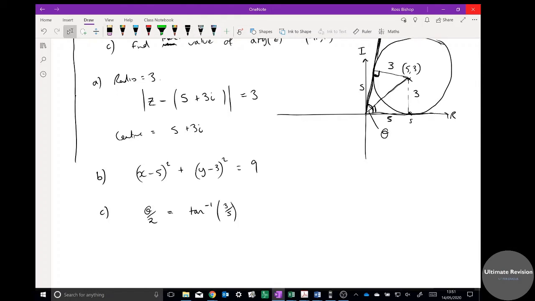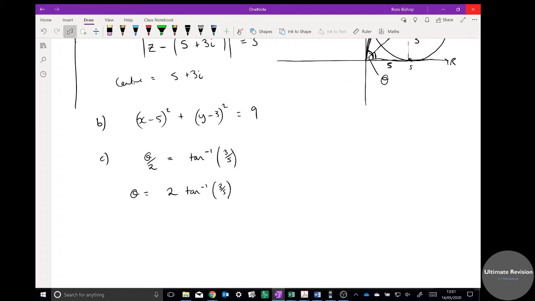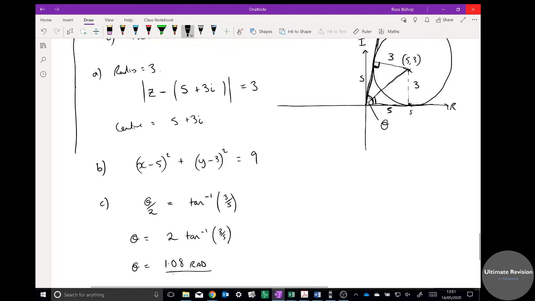Okay. Now, so theta ends up being twice the inverse tan 3/5. And the actual answer to that turns out to be 1.08 radians, okay? So that is how you find the maximum.